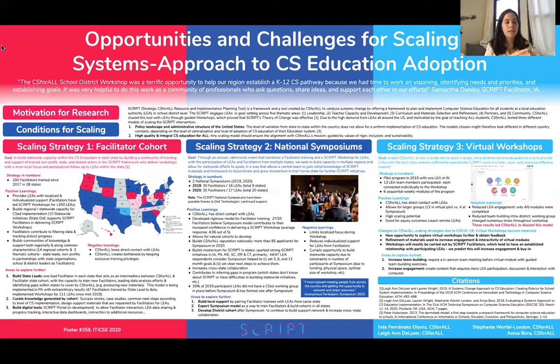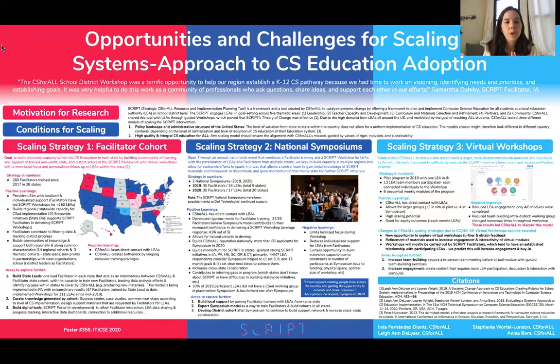And we've created regional cohorts of facilitators that now form a community of knowledge and support, and can share how they're delivering the workshops, what they're learning from the workshops, what most common next steps the districts have after a workshop, how they're implementing computer science education, what strategies they're using, and what challenges they're facing, therefore really catalyzing the efforts to implement computer science education within a state or region.